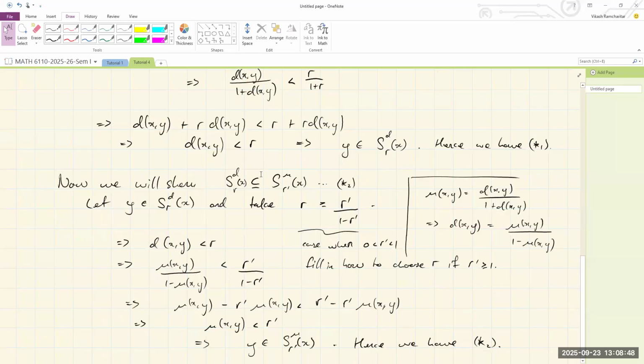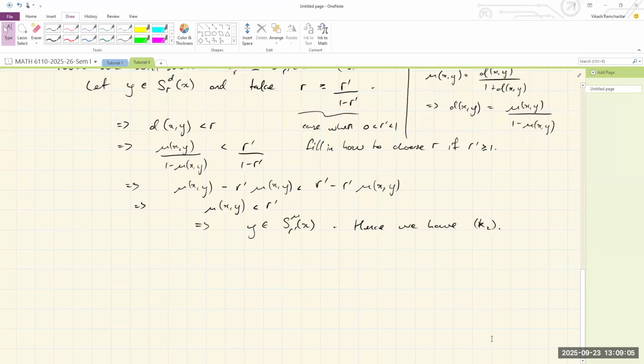And star 2 is showing the converse of that. That if you give me an open sphere with respect to the mu metric of any radius r prime, I could always find an open sphere with respect to the d metric inside of it. So maybe we could write a statement like that.